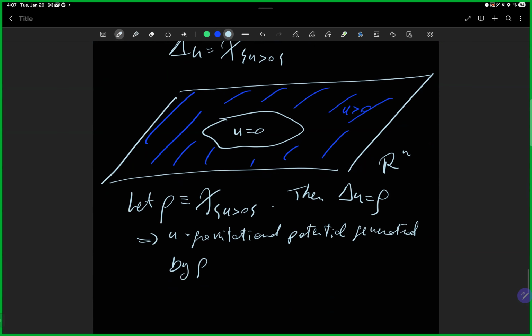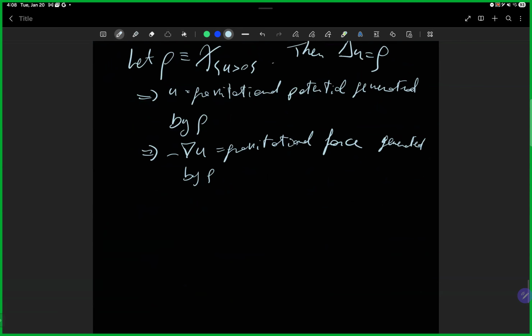So if you give me a density of mass and you solve the Laplace equation, you get the gravitational potential generated by the density rho, which means that minus gradient of u is the gravitational force generated by rho.